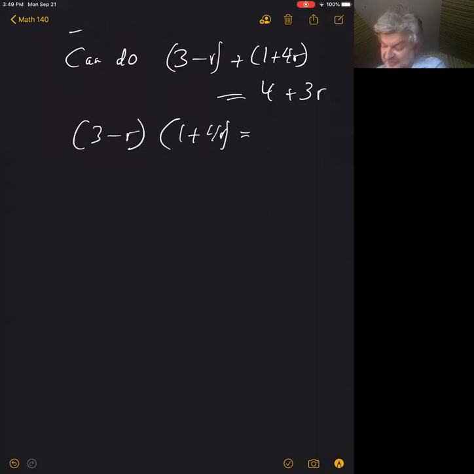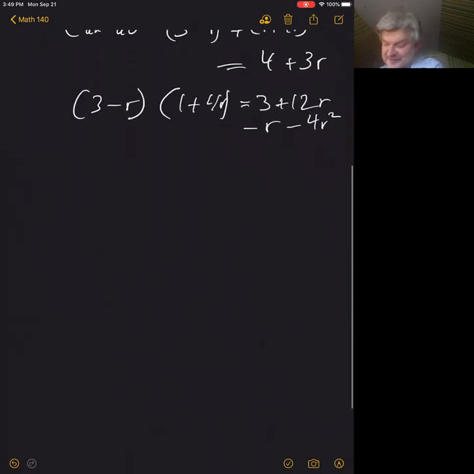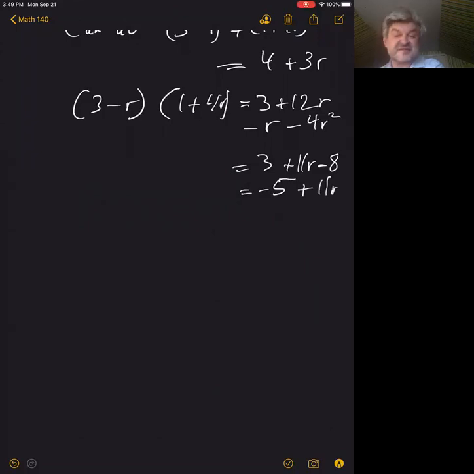You FOIL that out, you get a 3. You get a 12R minus R and a negative 4R squared. At which point this property kicks in that R squared is 2. So the last term here is negative 8. We have 3 plus 11R minus 8, and it simplifies to negative 5 plus 11R, which means we've landed again at a number of the same form.